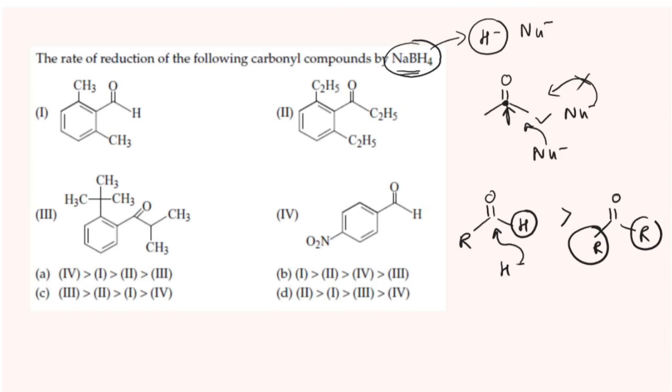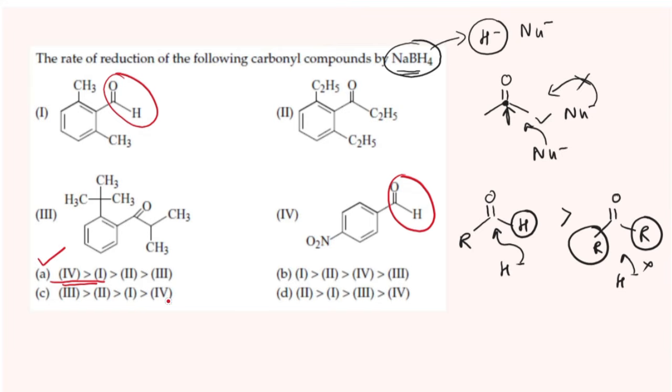You can see in ketone, both are electron donating and also there is a steric hindrance. It will become difficult. So just look for the molecules where there is an aldehyde. There is an aldehyde here and aldehyde here. So 1 and 4 must be more reactive than the given ketones. So 1 and 4 being highest. Where do we have it? You can see in option A. Therefore, the right option is A.